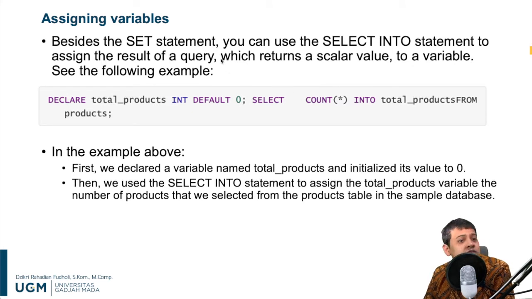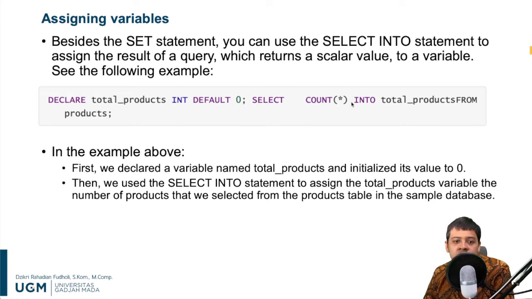Besides the set statement, you can use the select into statement to assign the result of a query, which returns a scalar value, to a variable. Let's see the example here. We want to declare total products. So here is the variable declaration, and then we select count star.